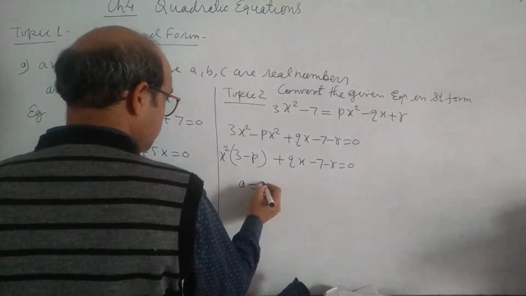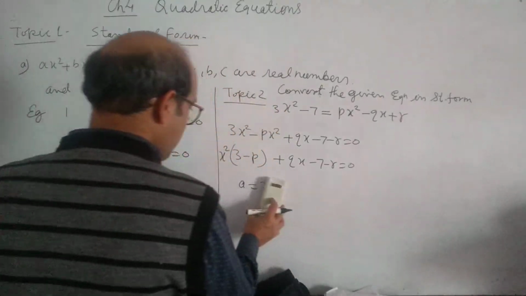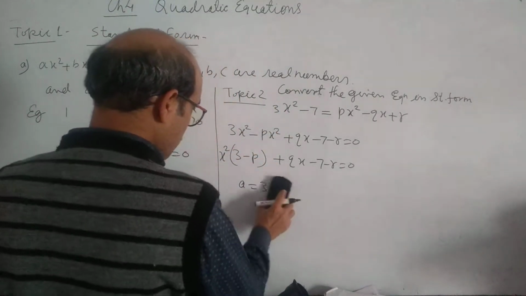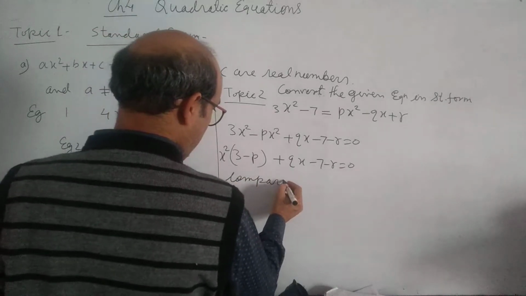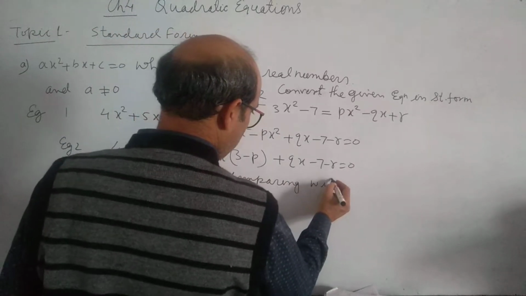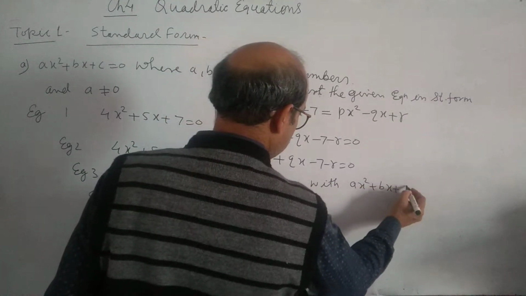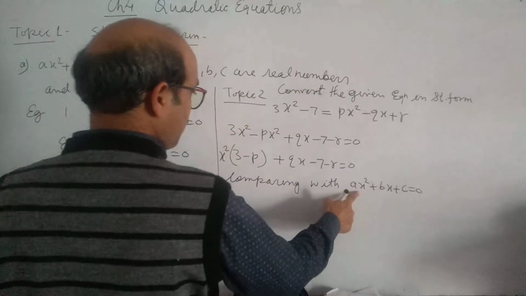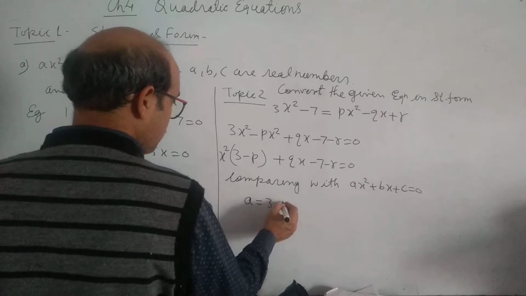Here a equal to 3 minus p, or you may say, comparing with the standard form ax square plus bx plus c equal to 0, the coefficient of x square is a, here it is 3 minus p, so a equal to 3 minus p.